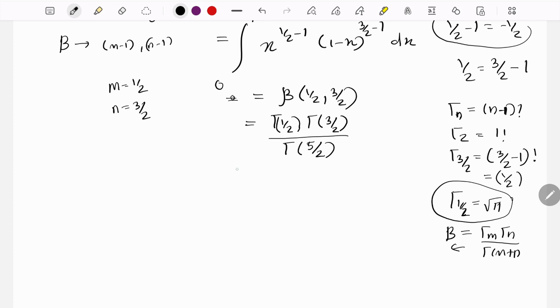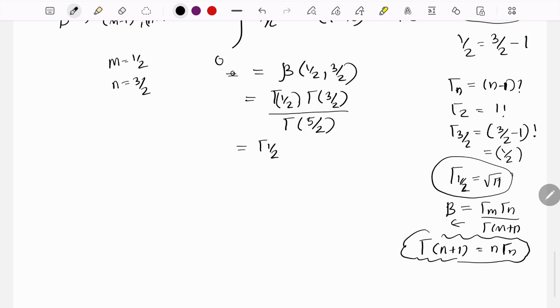Okay, so gamma of 1 by 2, and we can write gamma of n plus 1 is equal to n gamma n. This is another equation. That is gamma of 1 by 2 plus 1, that is n equal to 1 by 2, gamma of n, that is 1 by 2.